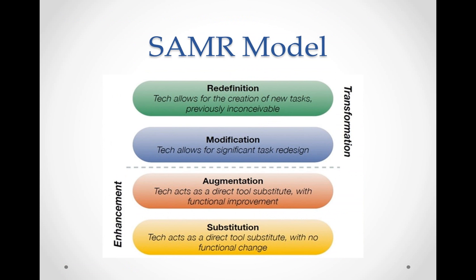One model is the SAMR model, S-A-M-R. We can see we start from the bottom, and the bottom two deal with just the enhancement. We're just trying to enhance the learning environment. We're just trying to enhance what we're doing. We're trying to enhance the online classroom.